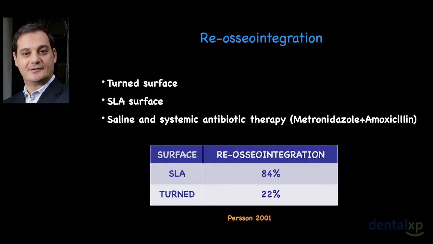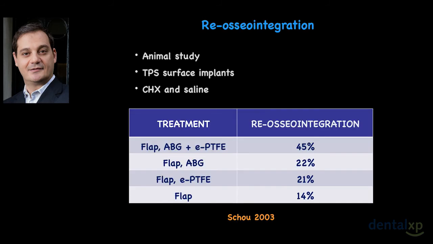But if we look at the studies that compared the reosseointegration, you can see that you will have better chances of reosseointegrating a roughened surface compared to a turned surface. So again, this is something to keep in mind, that if we decontaminate and we still have a roughened surface, we might have more reosseointegration with the treatment.